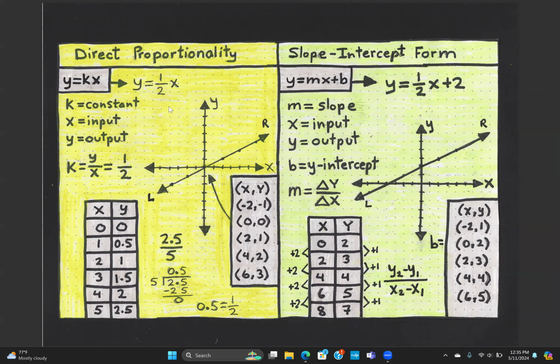But let's take a look at the y equals kx equation first, the direct proportionality equation, in which k equals the constant, x is the input, y is the output, and k is simply y divided by x.